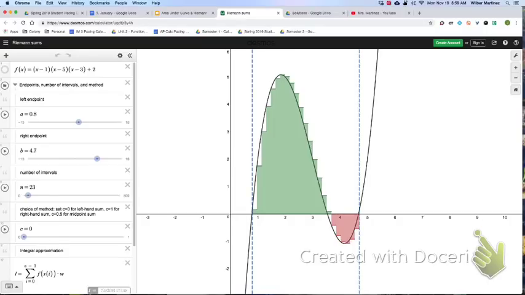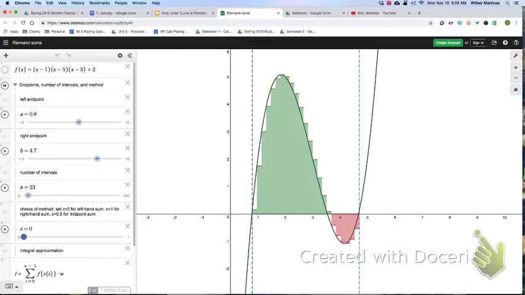Now I just wanted to show you the number of rectangles and how that affects what the estimation would be. So for example, right here you can see some of these rectangles are under-approximating because there's area that's underneath the curve that's left out. And then some of these rectangles are over-approximating because there's area on top of the curve that we don't need. And same thing on the red, and it depends on whether or not it's increasing or decreasing.